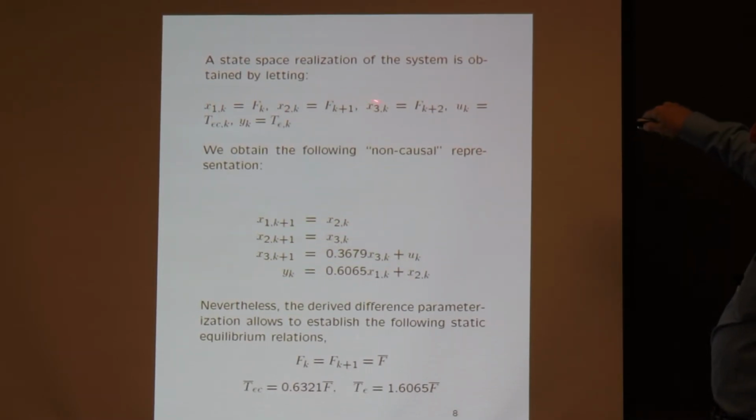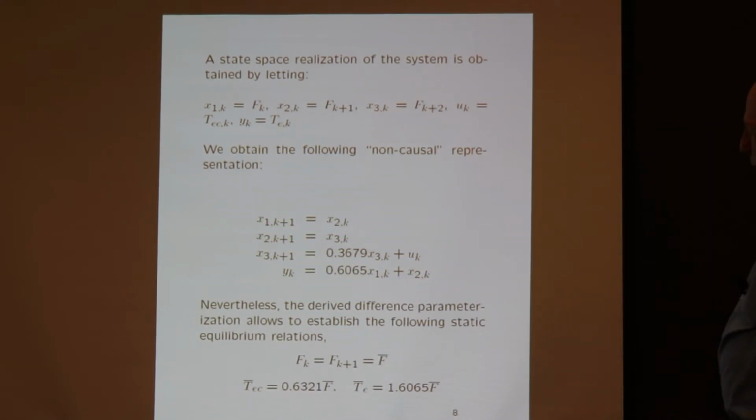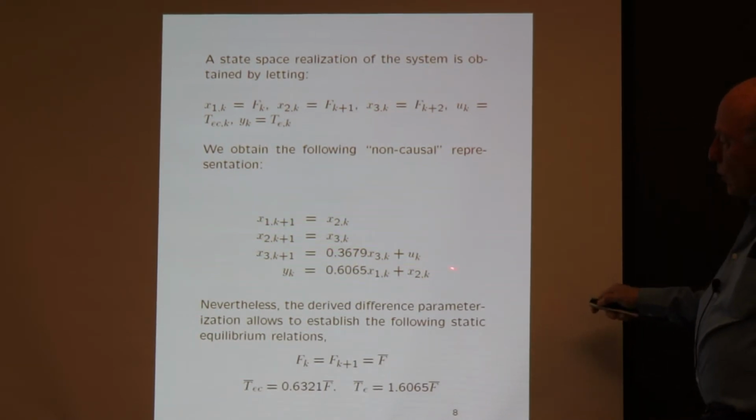The forward shift of the second state variable, which will be f(k+2), will be the third variable, and the third shift of the first output, which is the first shift of x3, will be related to u.